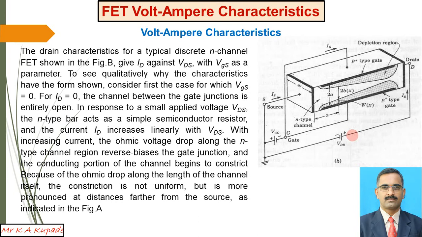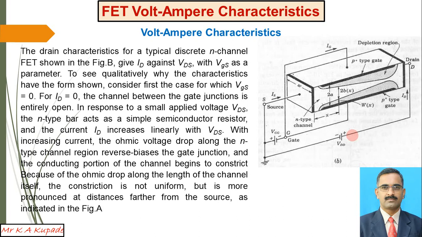We already know from previous lectures that whenever we want to control the current through the FET, whether N channel or P channel, we apply the reverse voltage to the gate to source.